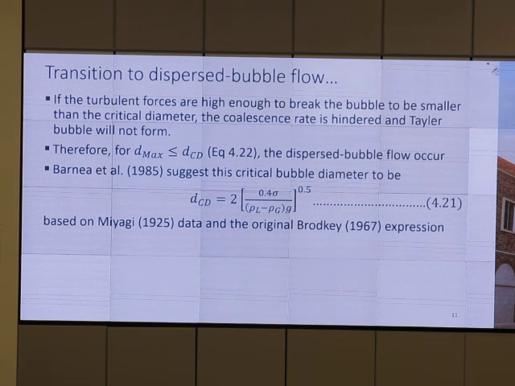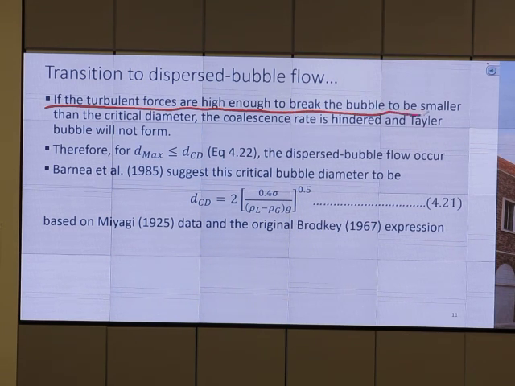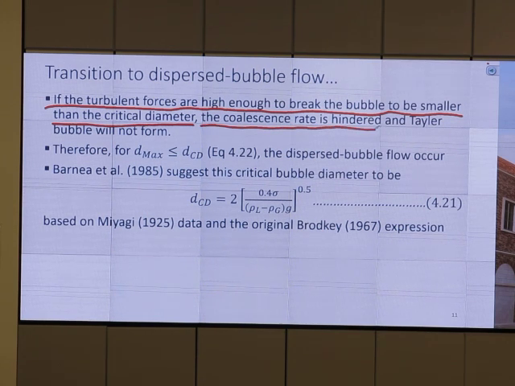Now, let's take a look at that reason. What do they do to get transition F? So they said if the turbulent forces are high enough to break the bubble to a size smaller than the critical diameter, then the coalescence rate is hindered and Taylor bubble will not form. So if we flow quick enough, the bubble will break and we cannot form Taylor bubble.